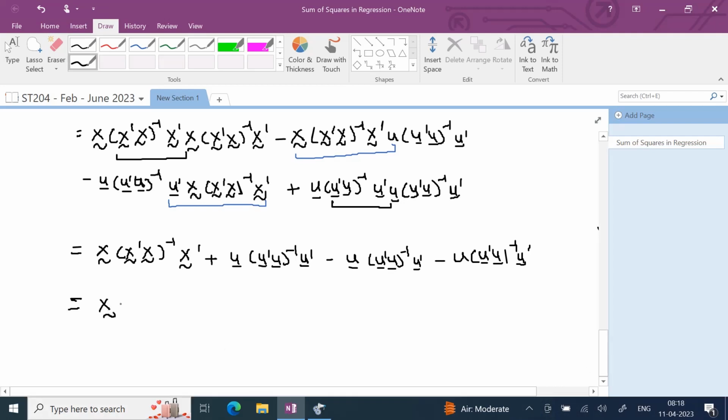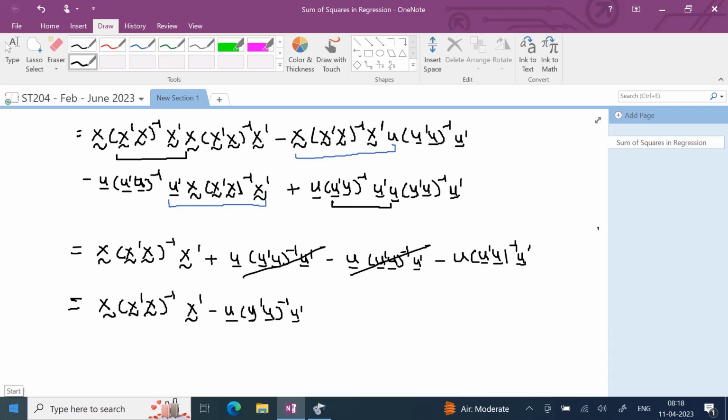So what I get is X(X'X)^{-1}X' minus U(U'U)^{-1}U', because this term gets cancelled with this term. And this is exactly the original matrix that we started with. Hence, we have now proved that this matrix is idempotent.